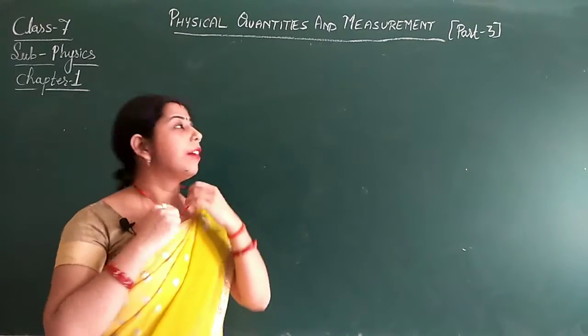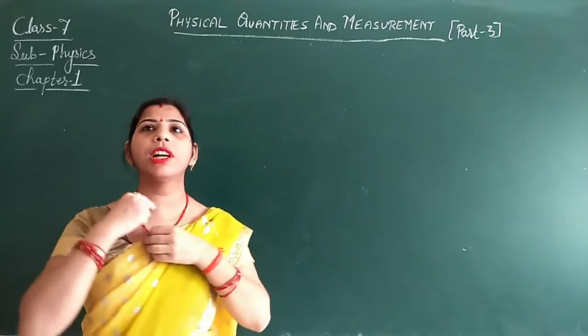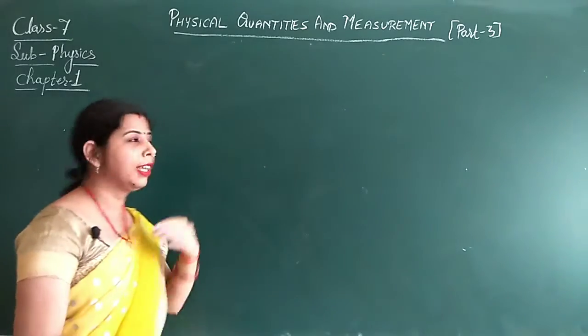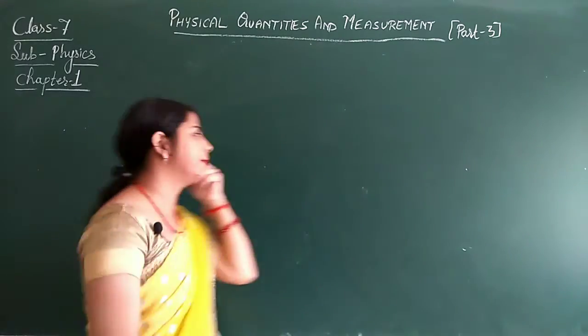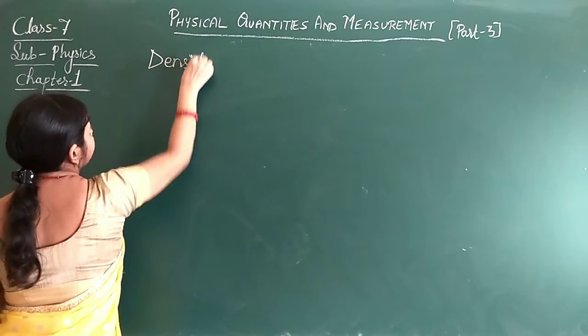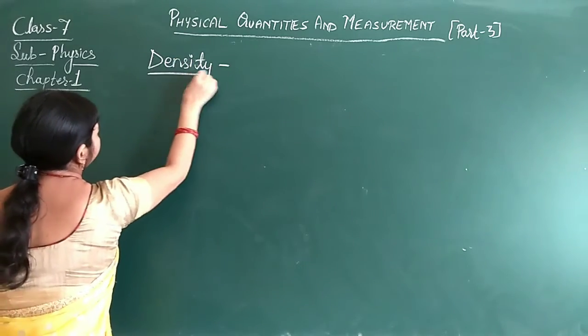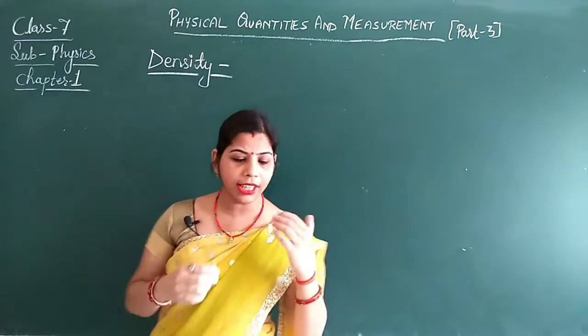Today I will start the third part of the first chapter, and the name of that chapter is physical quantities and measurement. In this video we will study about density. So what is density? Density क्या होती है?